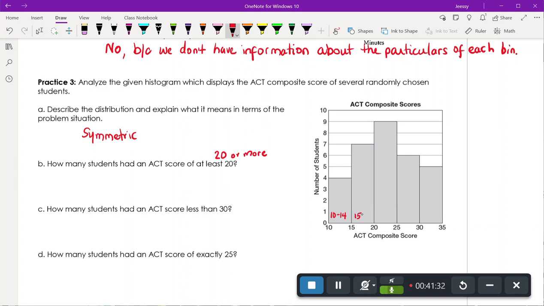This one is 15 to 19. This one is 20 to 24, because it's starting right here. See, this is 25. So this is 25 to 29. This is 30 to 35. At least 20.